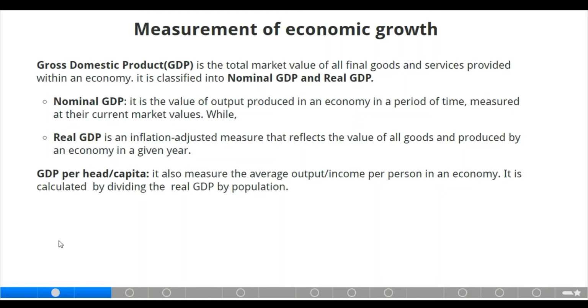And we have our GDP per capita or per head to measure the average output or income per person in an economy, which is calculated by dividing the real GDP, that is the real gross domestic product, by what? By the population of the country.